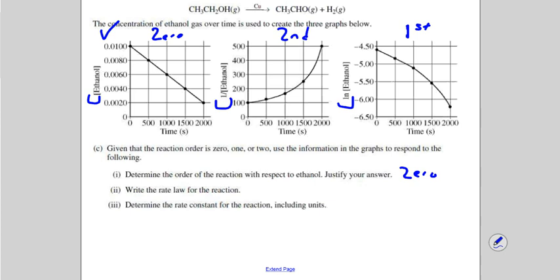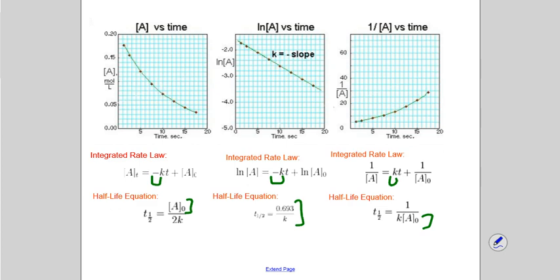Write the rate law for this reaction. If we go back to that slide from a few slides ago, there's all of our integrated rate laws. This is for zero order, so this is the one that we want.